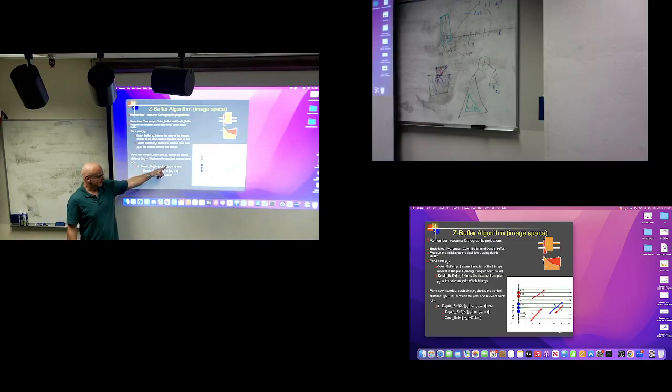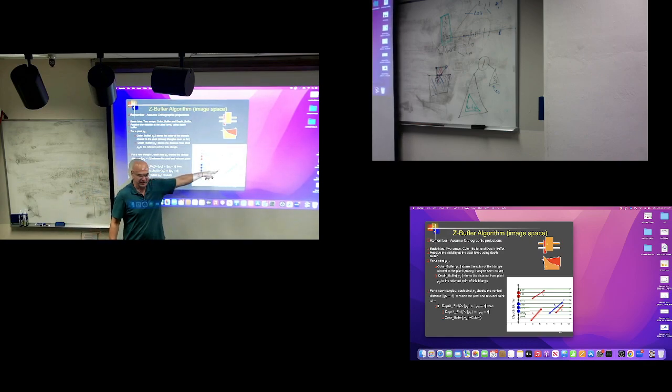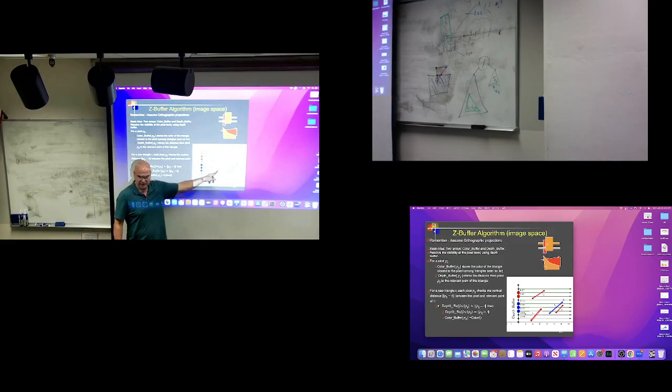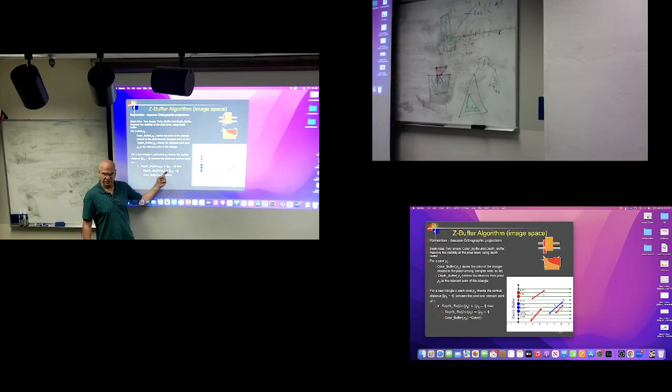What should I do in this case? Then set the color of these pixels to be red. I don't have this animation, but the color of this pixel should have changed from blue to red, and the depth buffer, the distance to this triangle, should be updated because it's smaller than the optimum.